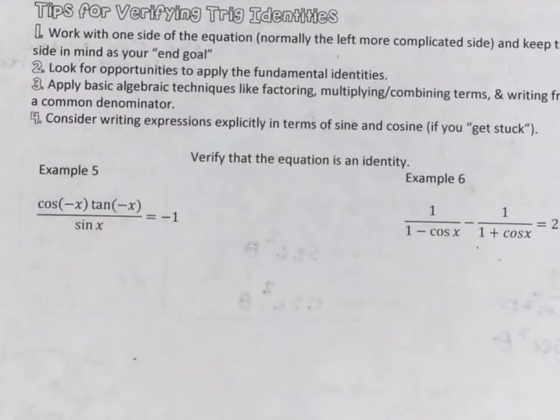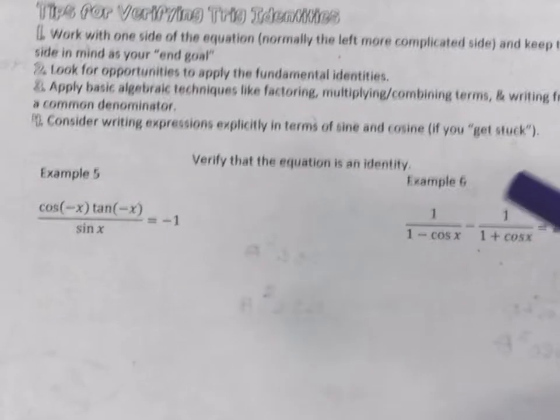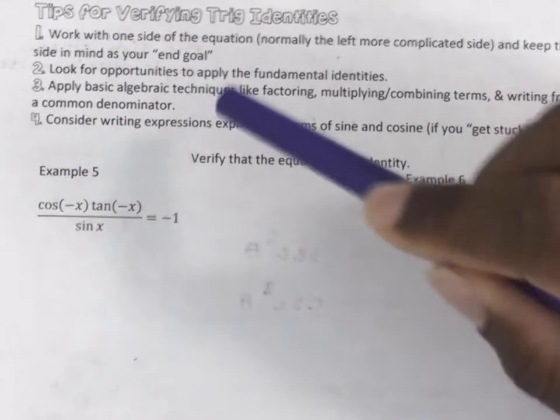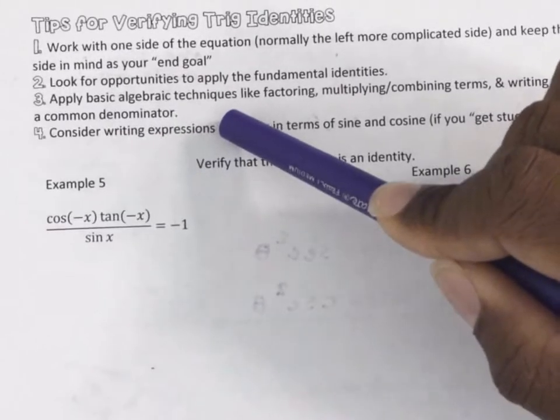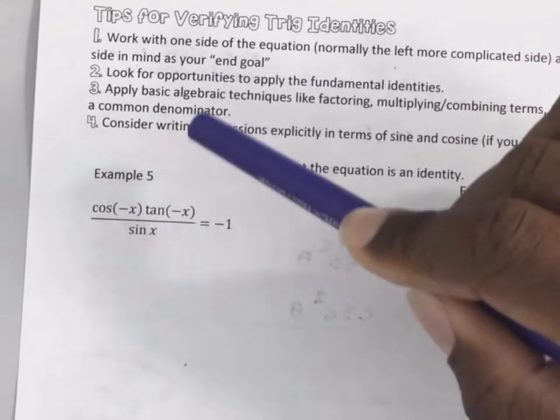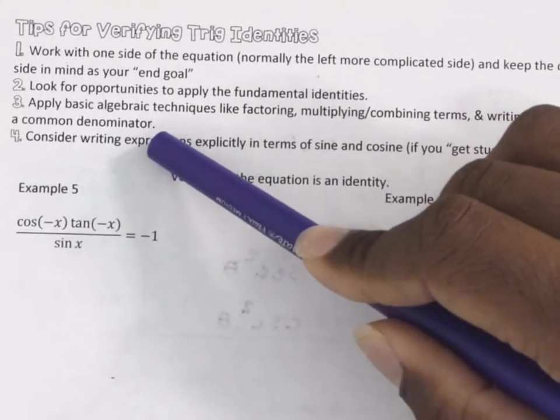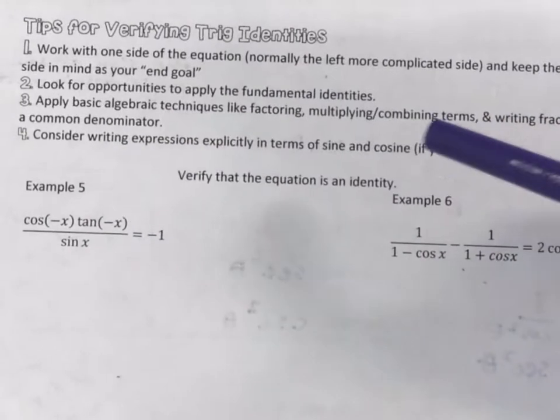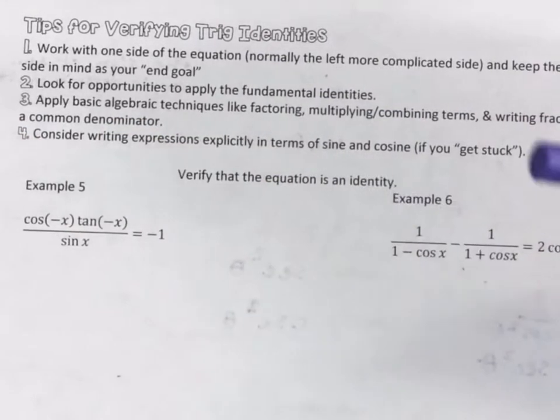A lot of times you will see things cancel out, or you'll be able to multiply things together. So refer back to here. You might do this, and then go back up to step 2. So I've done these 3 things, I'm at step 4, let me write it in terms of sine and cosine, then let me go back to step 1 and see what I can do.